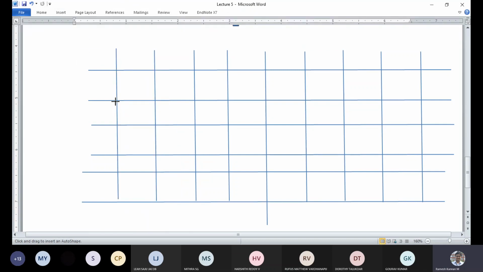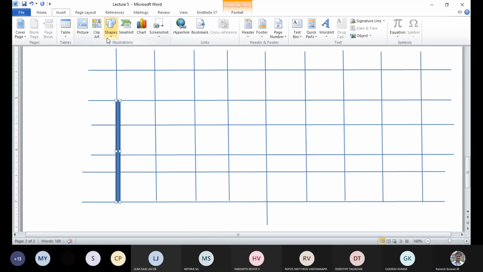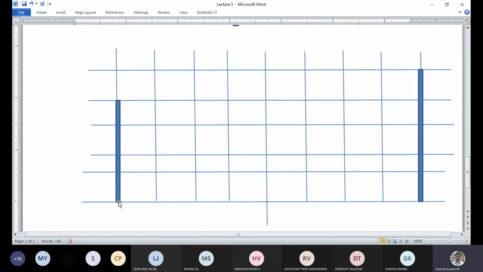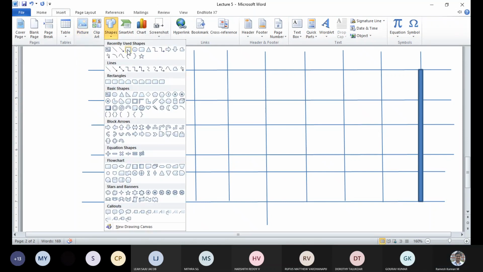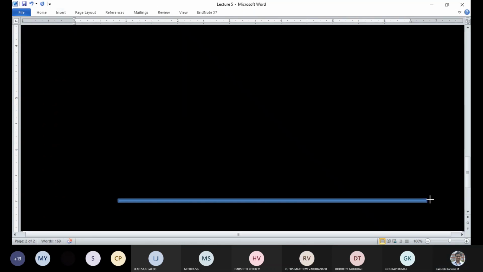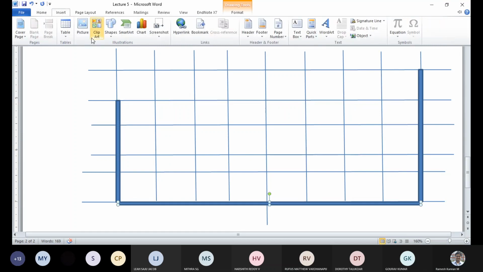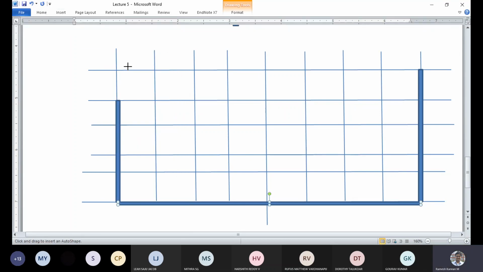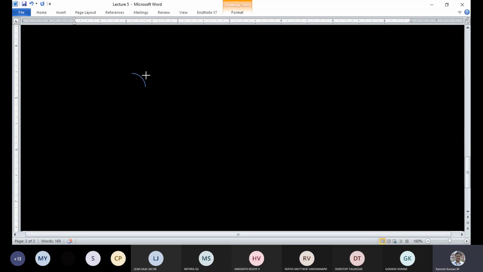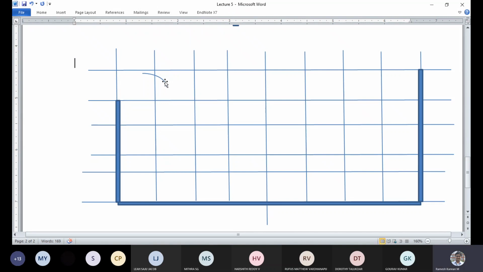Say, for example, I have a wall here, and you can note down the short wall, and then probably a long wall, and then you can provide something like this. This also comes under long wall. You can have long wall category 1, category 2, and something like that. And I can go with some arcs, something like that.